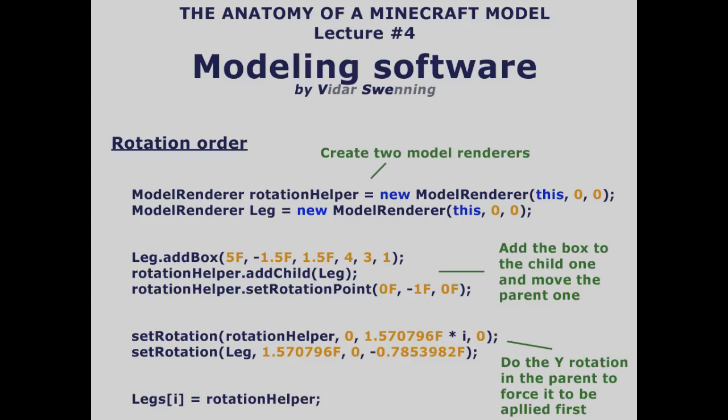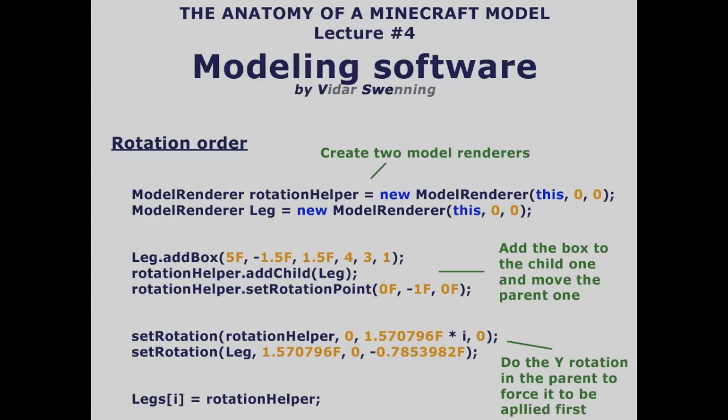And to the leg, the main part there, we add the actual box we want to render. Then we add the leg as a child to the rotation helper. So the rotation helper is going to help the leg to rotate there. And then, if we want to move the object itself, the leg, we want to set the rotation point for the rotation helper instead. This makes sure that the rotation helper does the movement, but then the leg will be at 0, 0, 0, which means that the leg will be wherever the rotation helper is.